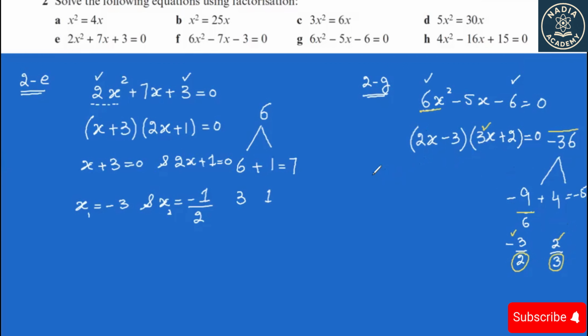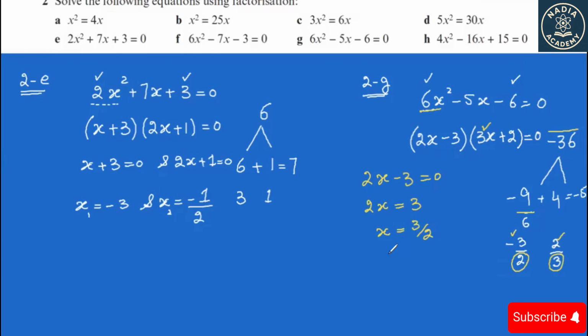Now both factors are equal to 0. That means we have 2x minus 3 is equal to 0. So negative 3 on the other side will be positive 3, and x is equal to 3 over 2.